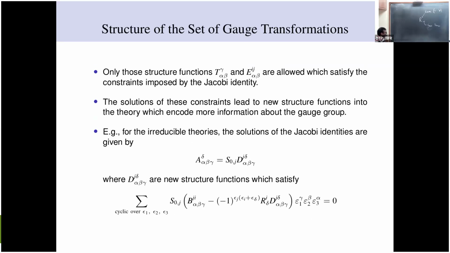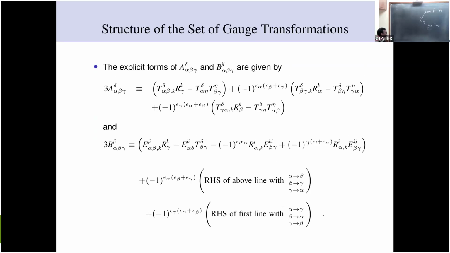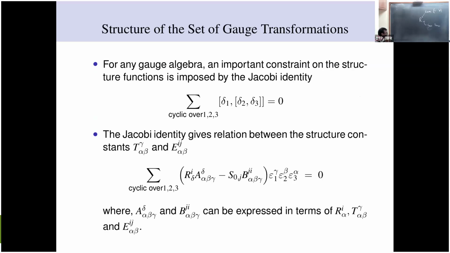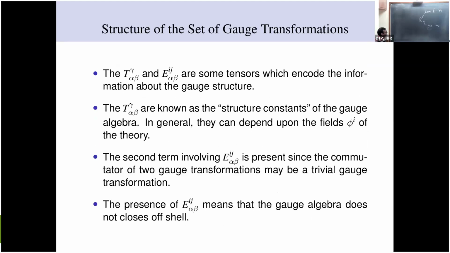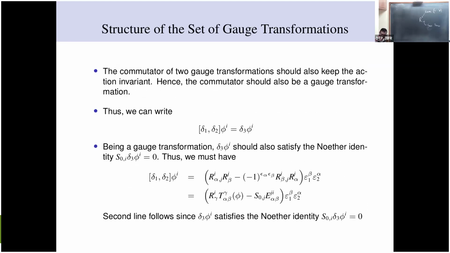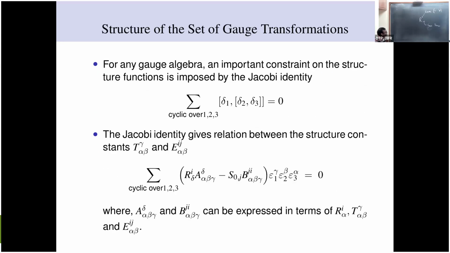So you have this constraint, and the D must satisfy this kind of relation. So you have this combination, which is given in terms of this A and B. So when you put in this Jacobi identity, what you do is you put these gauge transformations in the Jacobi identity.